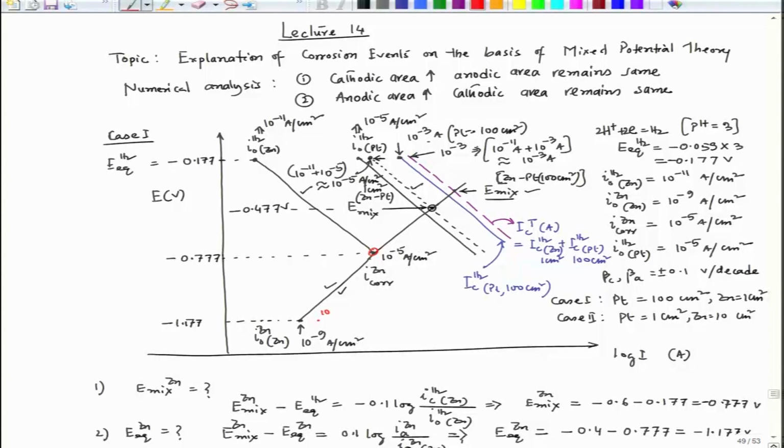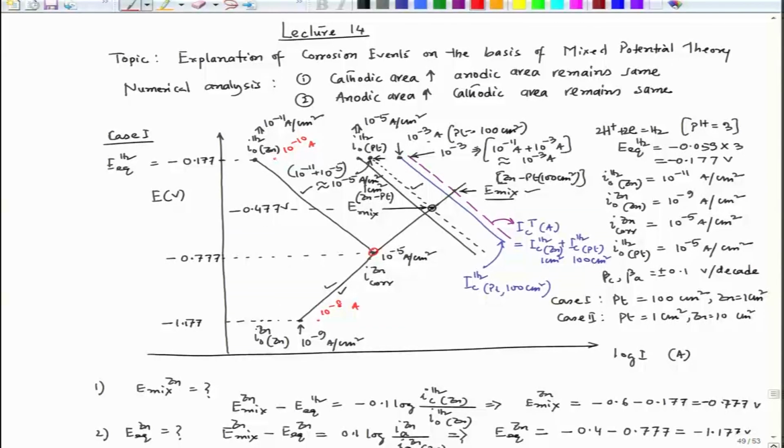So, this becomes 10 to the power minus 8 ampere, since zinc is now 10 centimeter square. So, this is 10 to the minus 9 into 10, and this will also become 10 to the power minus 10 ampere.